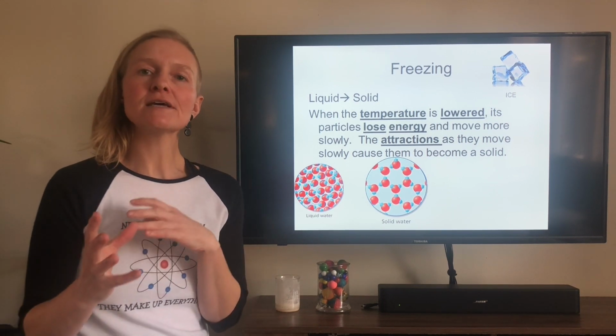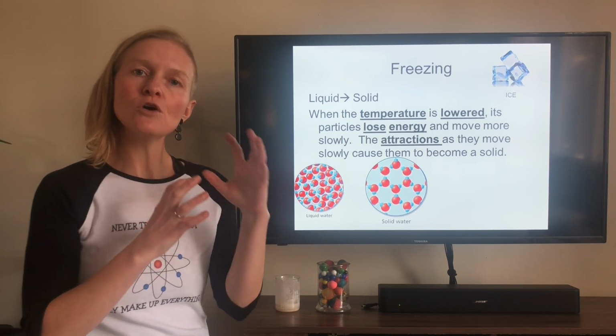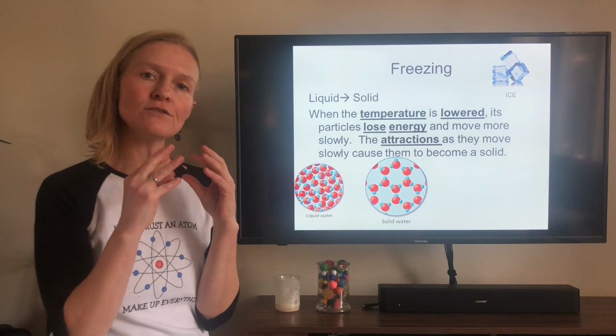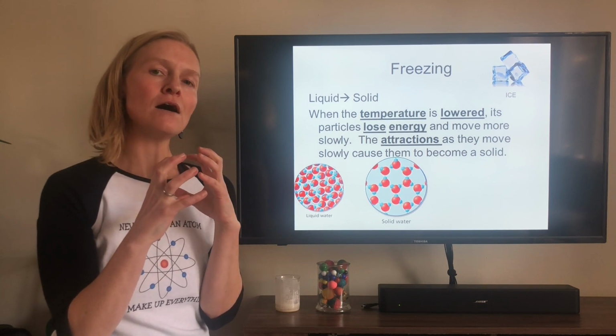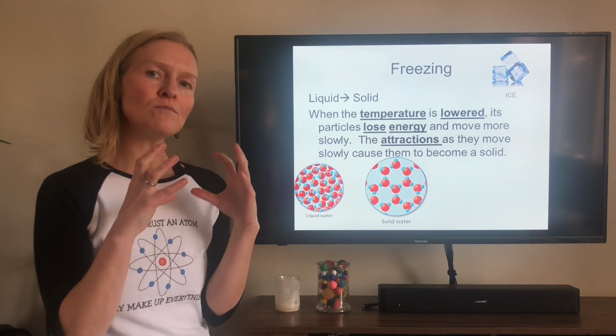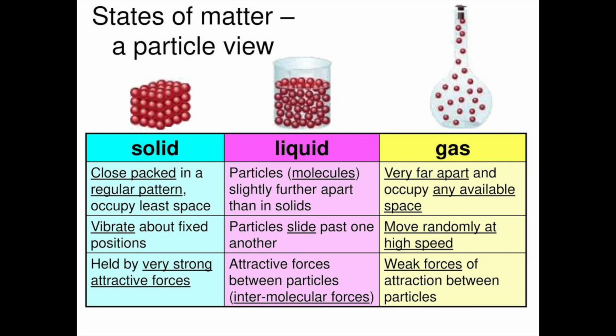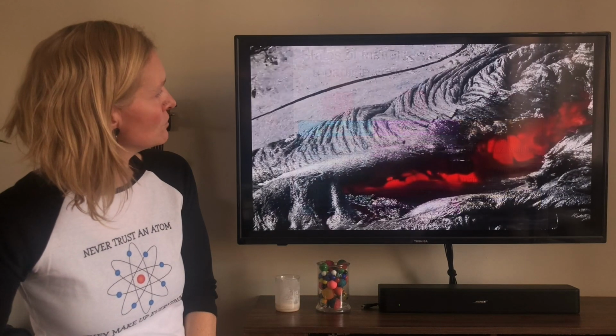And so all those water molecules will slow down until they form a matrix of water molecules, and that's how they'll freeze. And here we have just another slide that shows the difference between solid, liquid, gas, if you need to come and review this.